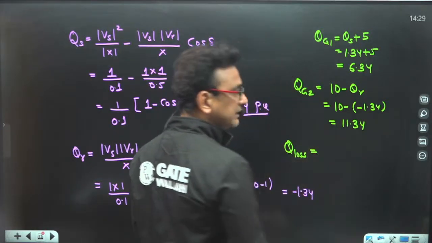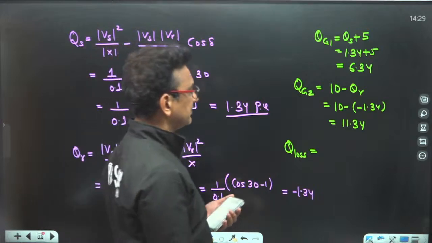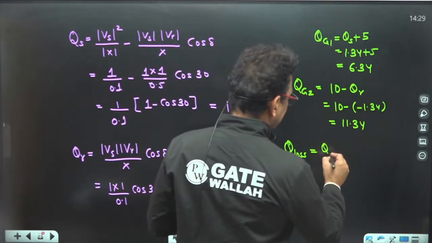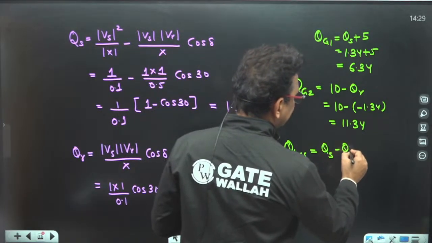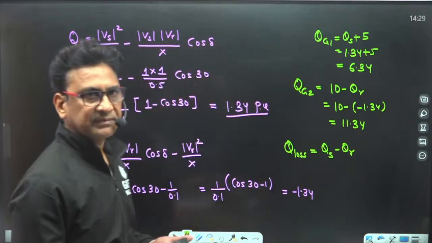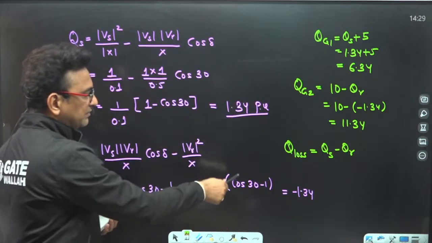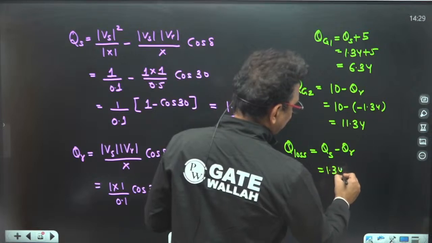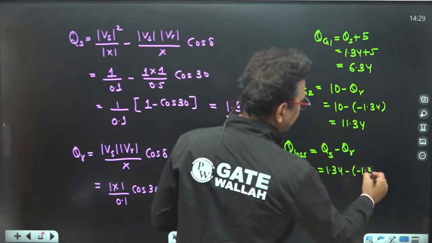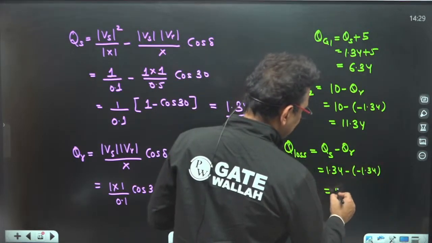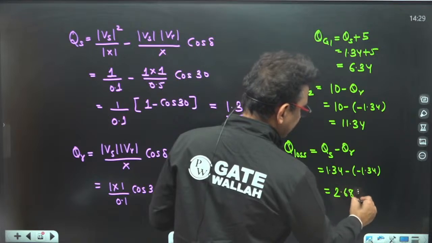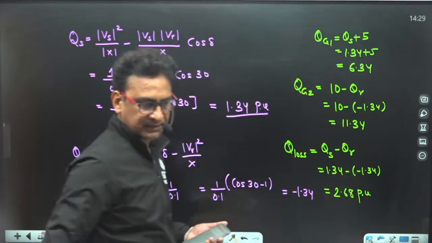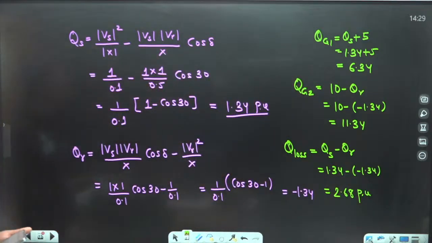And the reactive power loss in the transmission line is nothing but the sending end reactive power minus the receiving end reactive power. So 1.34 minus minus 1.34, which is nothing but 2.68 PU. Clear?